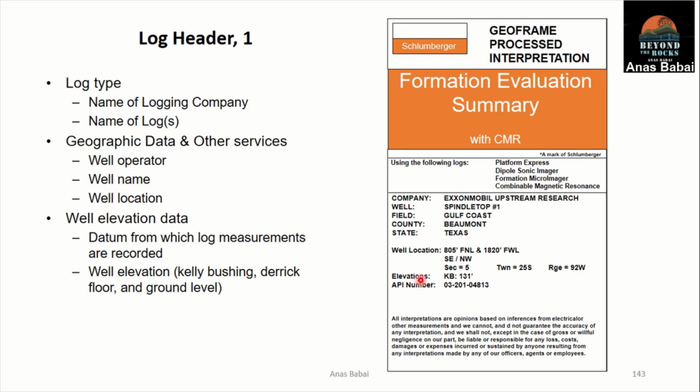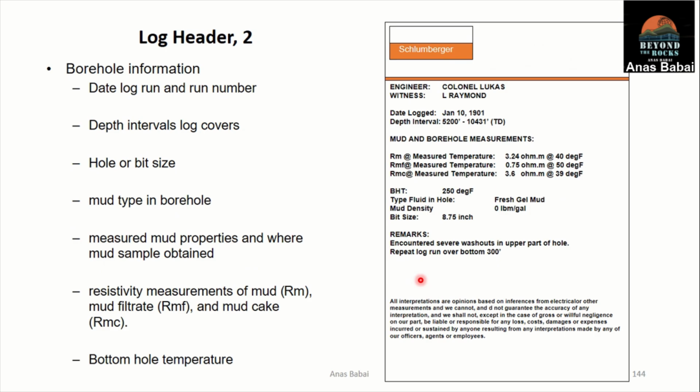So we have to be very careful in checking all this information before carrying out our interpretation. Other information that we can find is the name of the engineer who was there during this logging job, the logging date, and the depth intervals.